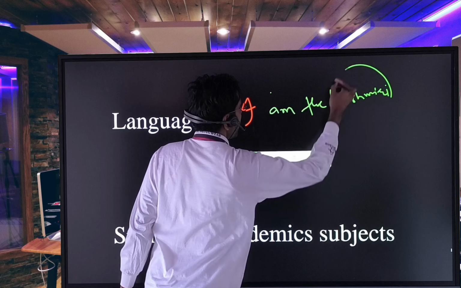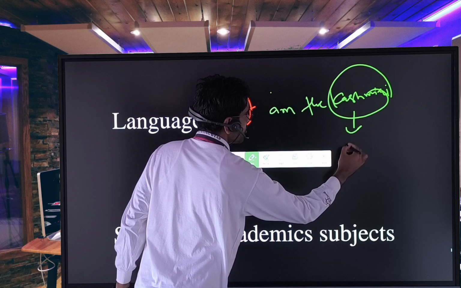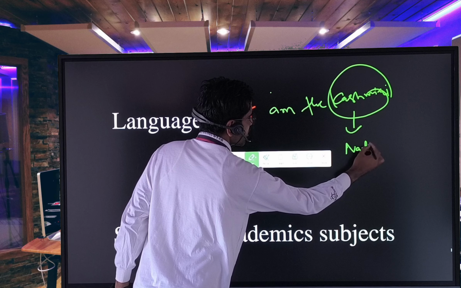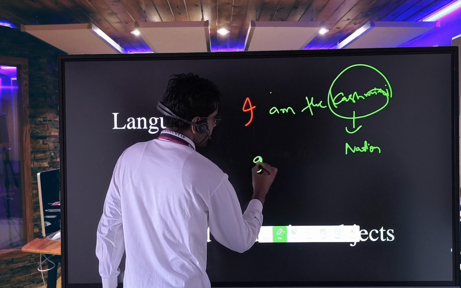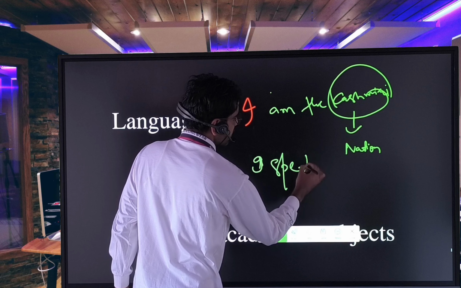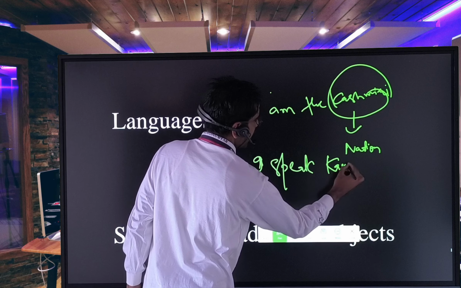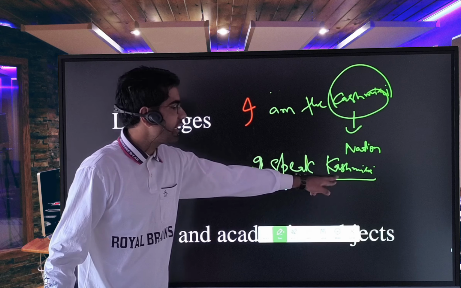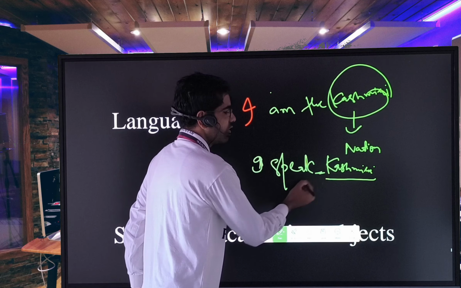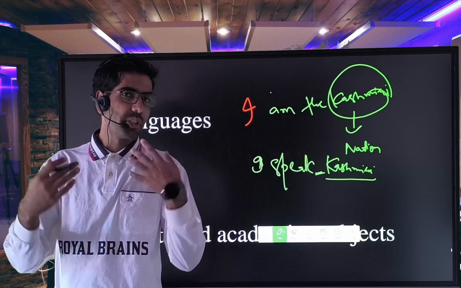Why? Because here I am talking about nation. But I speak Kashmiri. This is language, so don't use any article here. Don't say that I speak a Kashmiri, I speak the Kashmiri.